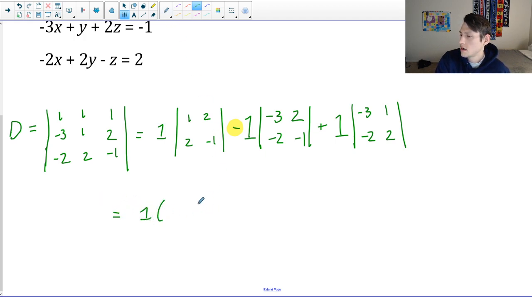All right. A 2x2 determinant. So 1 times -1 is -1, minus 2 times 2. So -1 minus 4 is -5. Minus 1. -3 times -1 is +3. So +3 minus -4, +3 plus 4, 7.